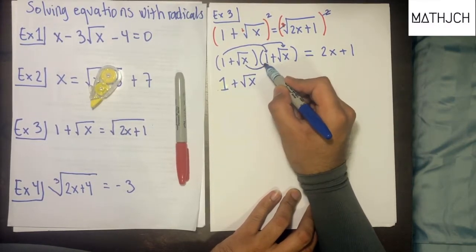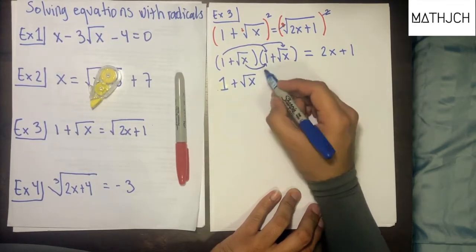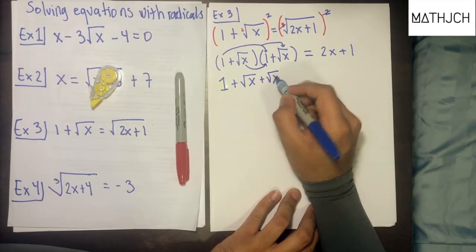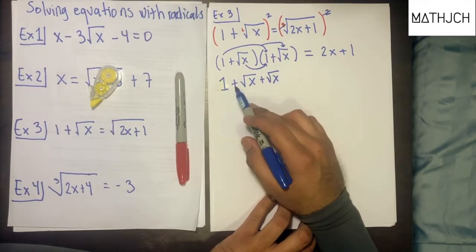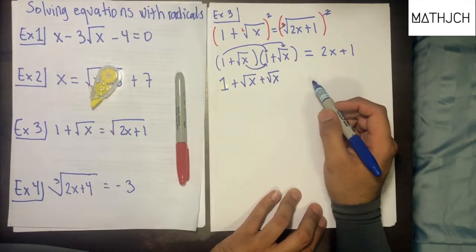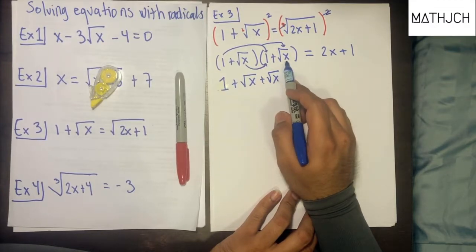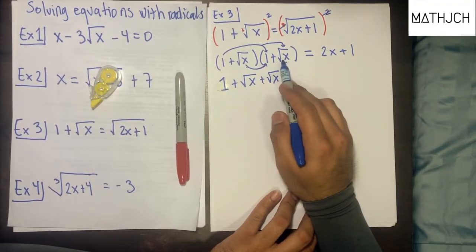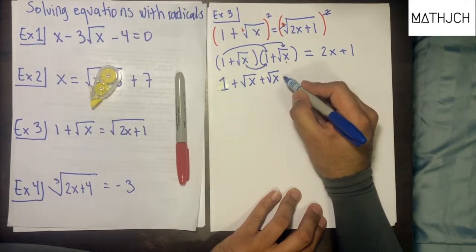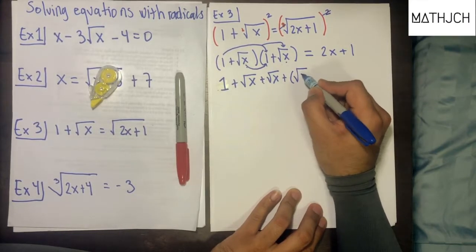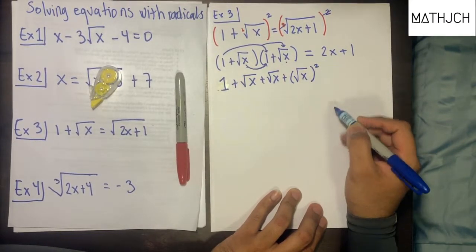Now we go to the second term. Square root of x times 1 is the square root of x. And remember, everything is positive here as well. And lastly, we have square root of x times square root of x. We are multiplying the same thing twice, so we could rewrite it as square root of x to the power of 2.